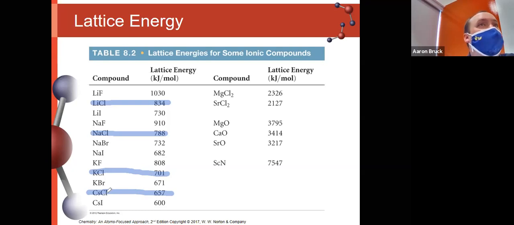The only thing that has changed here is the size of the ion. Lithium is smaller than sodium. Sodium is smaller than potassium. Potassium is smaller than cesium. And notice that as my size increases, my lattice energy has decreased because those ions are getting larger and larger and becoming less attractive as a result.